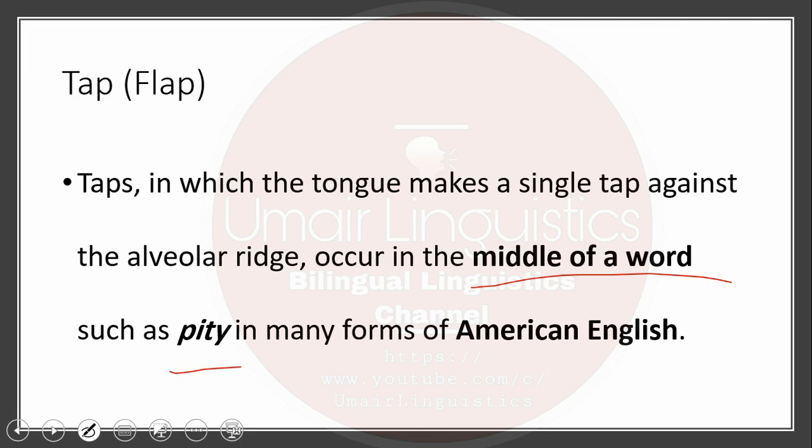It is perceived as something between th and d, pidi, pidi. If you listen to American speakers, or those speaking American English, you will notice that they produce this sound whenever the th sound comes in the middle of a word. So you will notice this sound quite frequently.